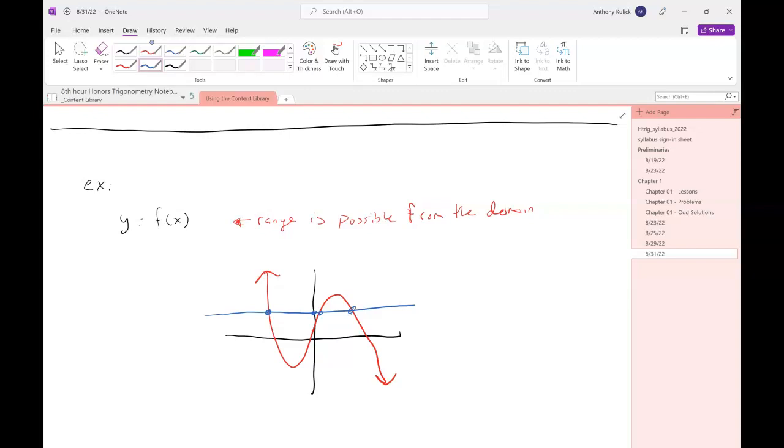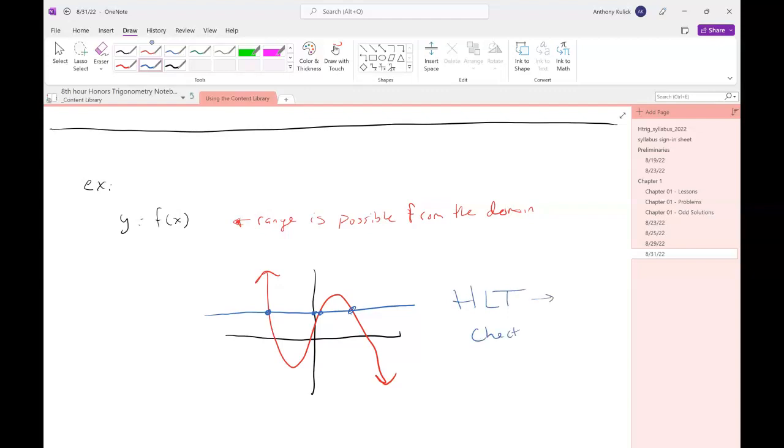Does this look familiar? What does this remind you of? It looks like the vertical line test, except this time we're drawing a horizontal line. So this is a horizontal line test.